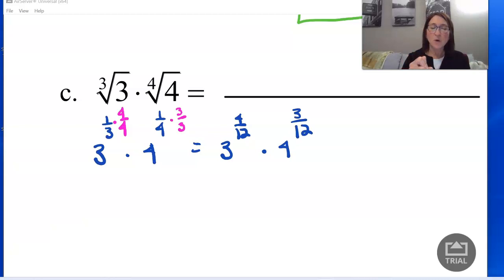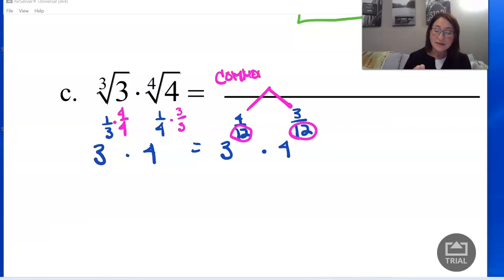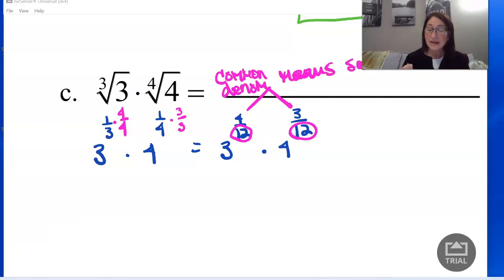So what I have here now is this common denominator, which is the same. Common denominator means same index.